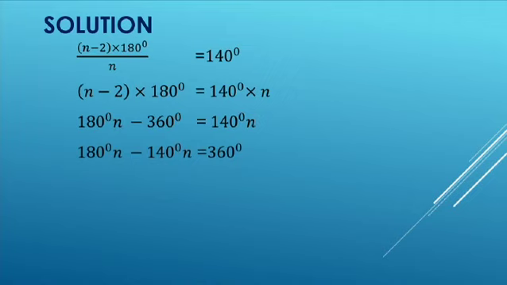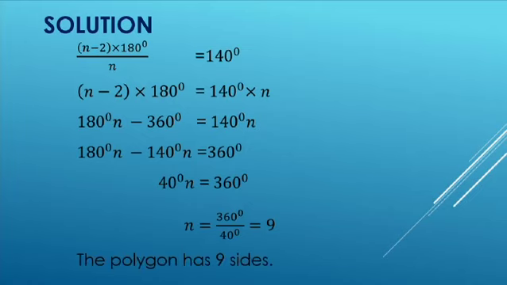You get all the n together, so that will be 180 degrees times n minus 140 degrees times n, which is equal to 360 degrees. Simplifying, you will get 40 degrees times n, which is 360 degrees, and n will be equal to 9. So, this polygon has 9 sides.